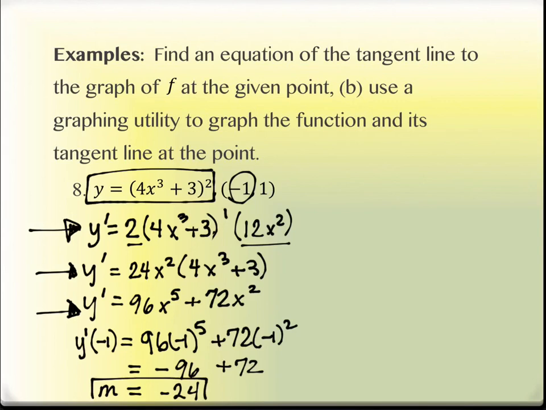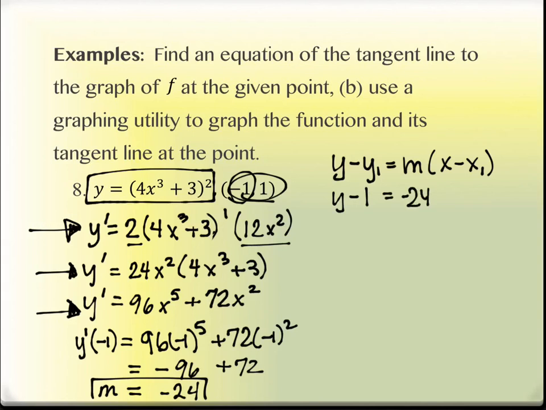And I have a point. My point up here is the -1, 1. So the point-slope form of a line is y minus y1 equals m times x minus x1. The y1 value is 1. The slope value is -24. And the x1 value is actually a -1, so opposite of -1, or +1 in there.